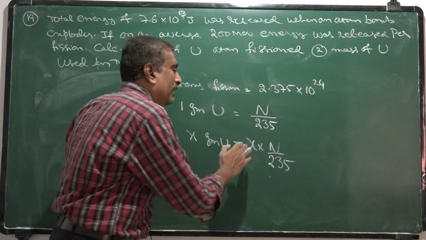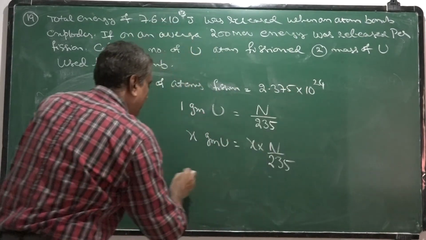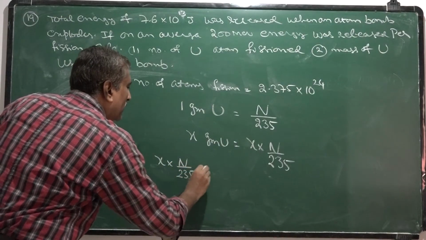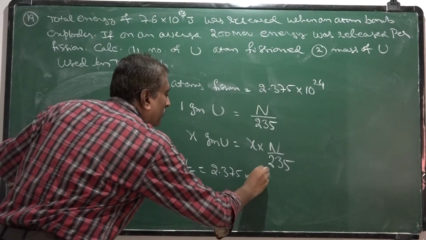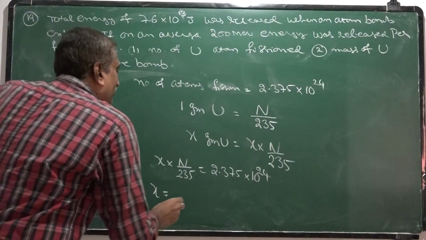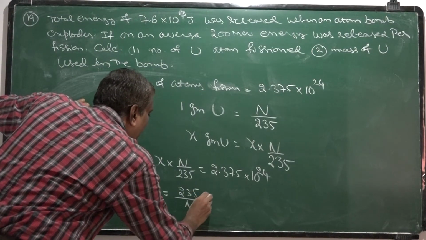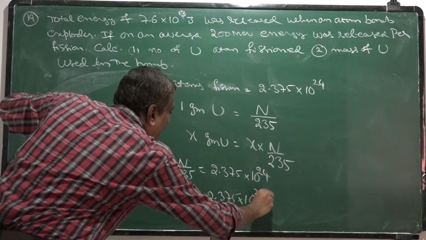So, then the number of atoms will be this much. So, that we have calculated as this. Therefore, X into N by 235 is equal to 2.375 into 10 power 24. So, from this X can be calculated as X equal to 235 by N into 2.375 into 10 to the power 24.